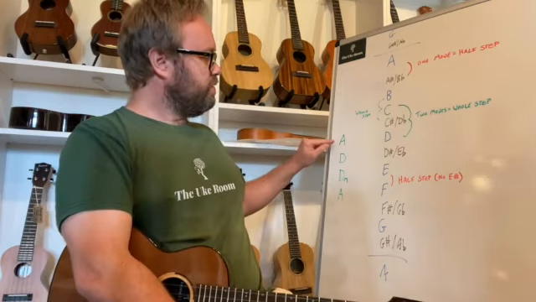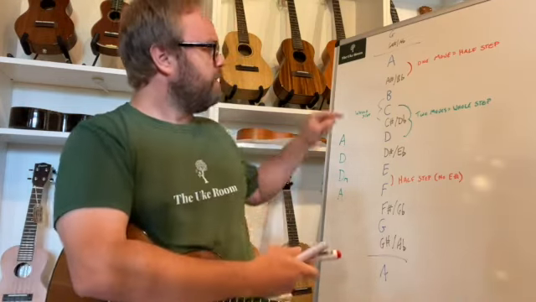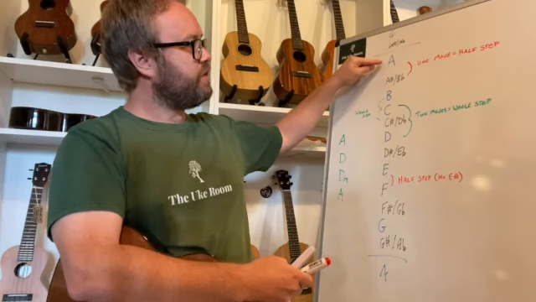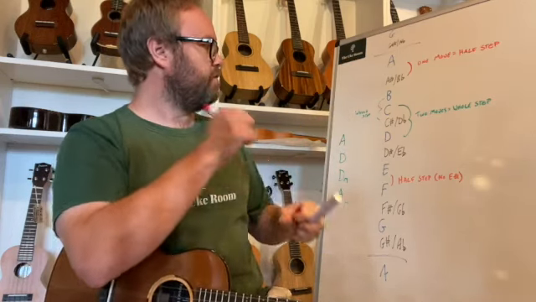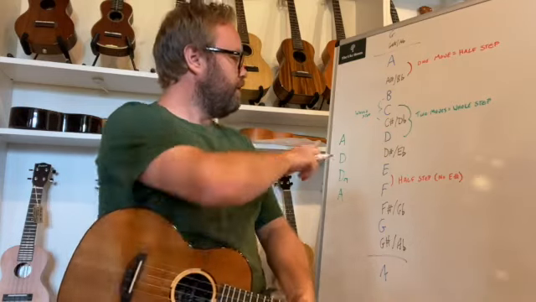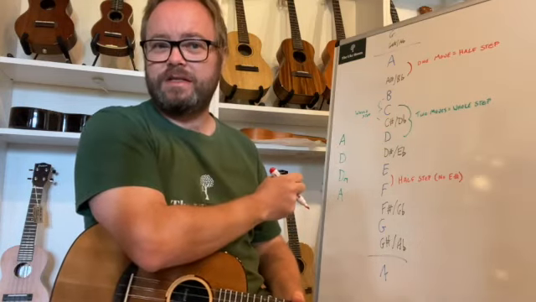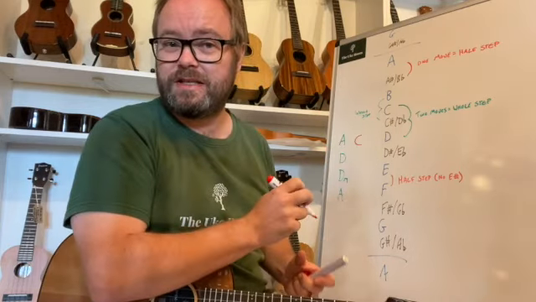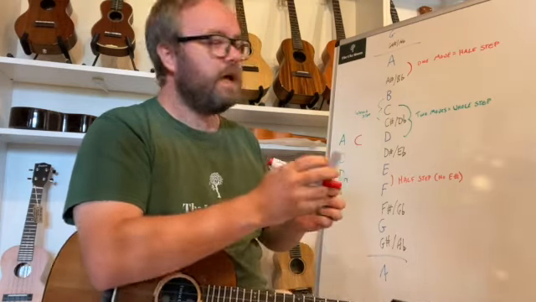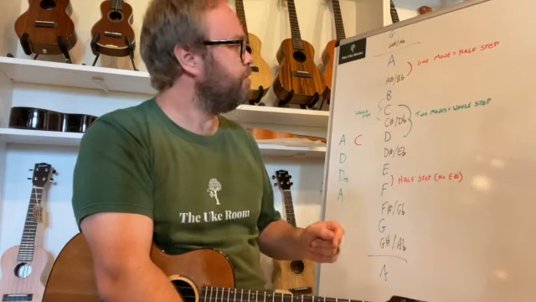So the original chord in this song is A, but as we found, that's kind of too low for me to sing, right? So let's move it up. Say, let's try moving it right up to the key of C. So that means if the original key was A and we're moving it to C, therefore the first chord would have to be a C because we're in the key of C now. Here's where the slide rule bit comes in.